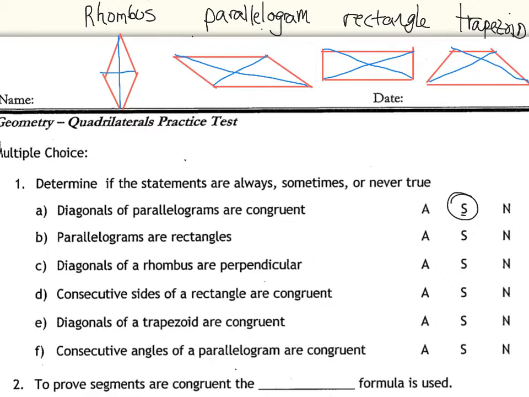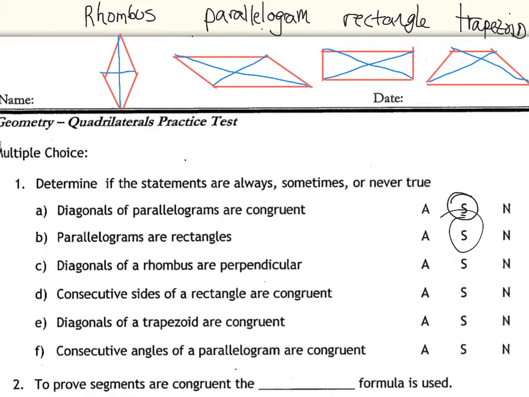So that means that all rectangles are parallelograms, but not all parallelograms are rectangles. So this would be sometimes true because the rectangle is a parallelogram, but the parallelogram is not a rectangle necessarily.